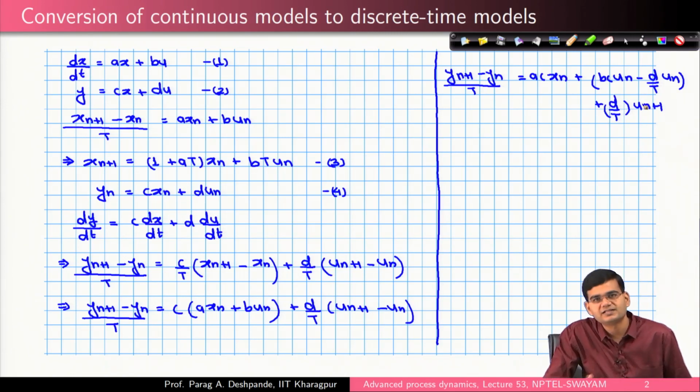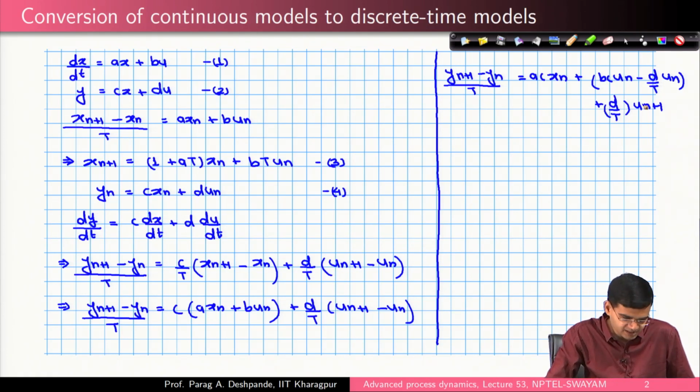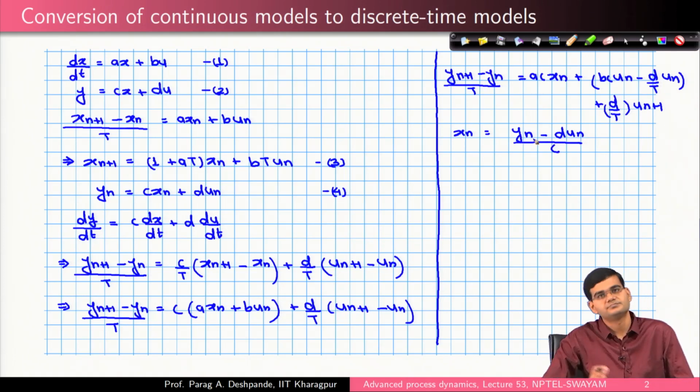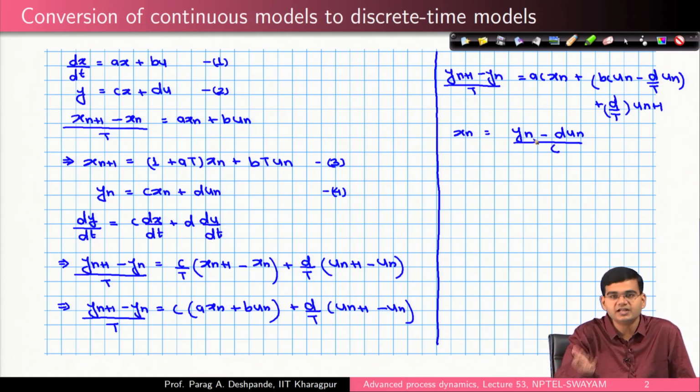I still have x n with me, but I can use equation number 4. From equation number 4, I have x n is equal to (y n minus d times u n) upon c. Now, I have y n and I have u n.